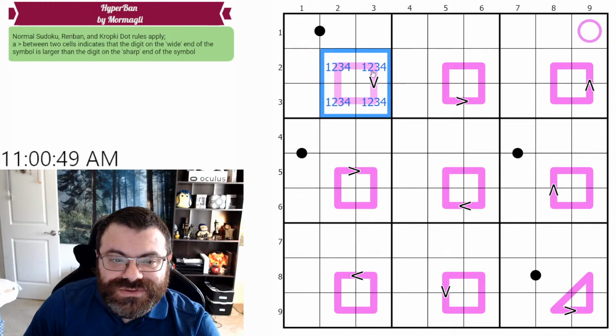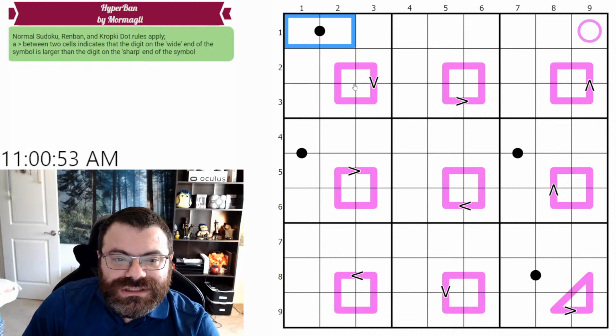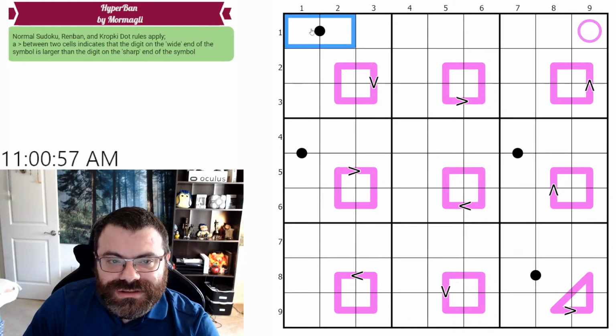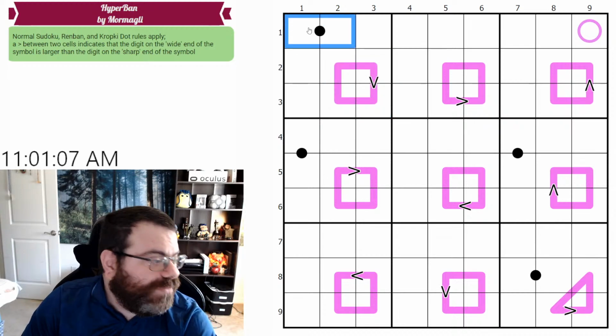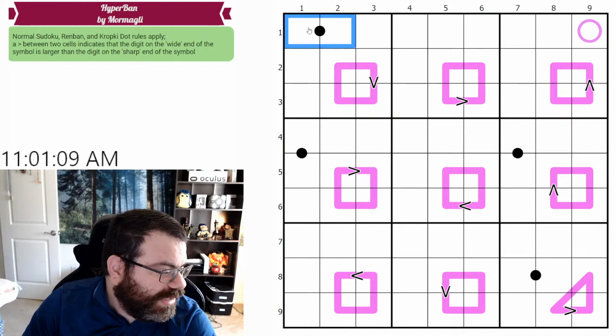The reason the black dot needs a low digit in it is 2 high digits can't be double each other. So because this has at least 1 low digit on it, that low digit is removed from the Renban, and everything lower than it is also removed from the Renban, right? Because even if this was a 4, well, it looks like I'm dropping frames, which is very unfortunate.